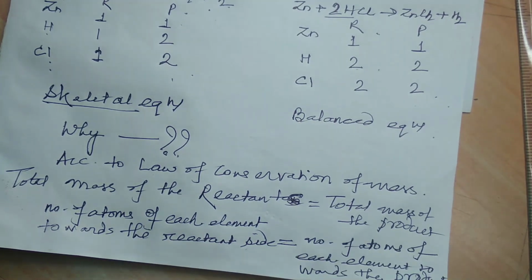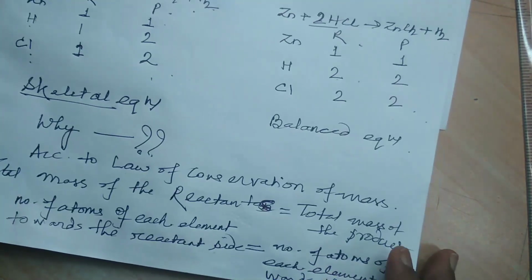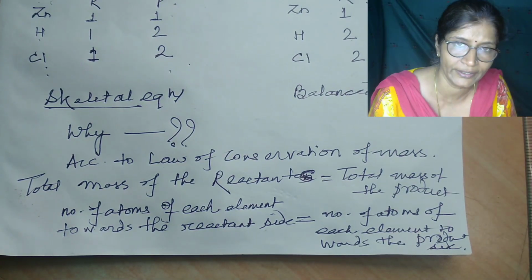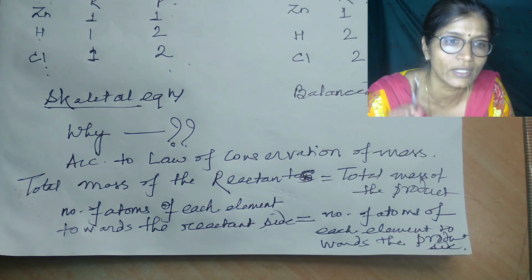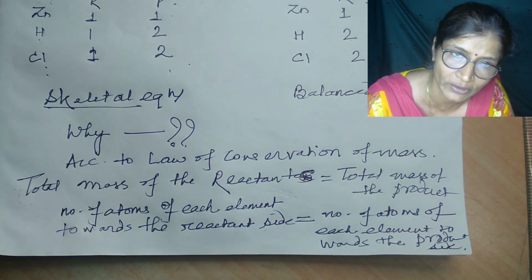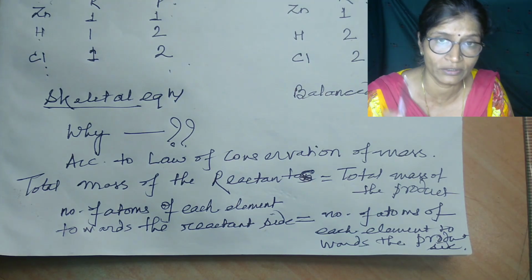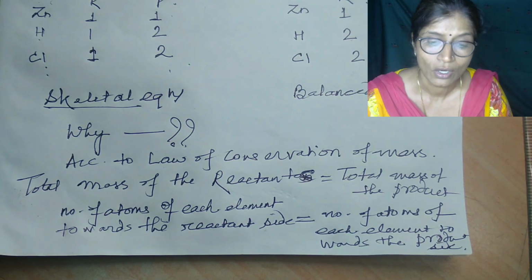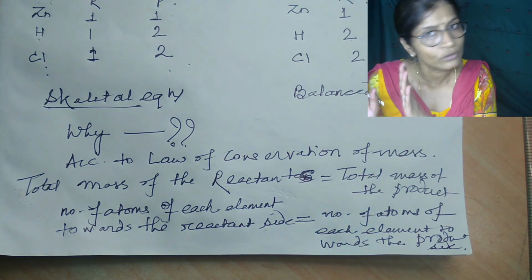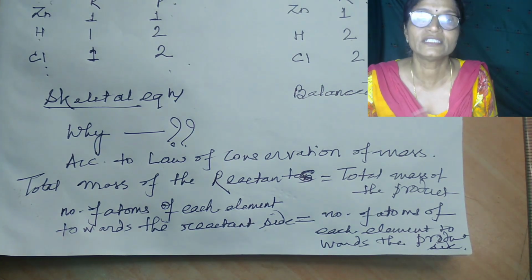So according to law of conservation of mass, mass can neither be created nor be destroyed. It means the total mass of the reactant must be equal to the total mass of the product, and that is only possible if the total number of atoms of each element towards the reactant side is equal to that towards the product side.